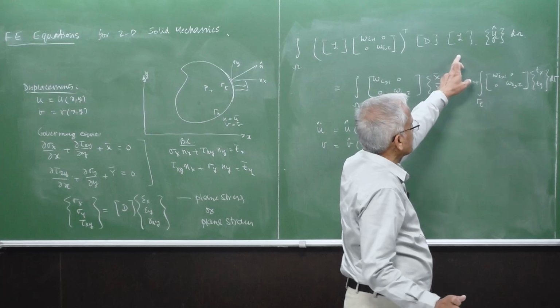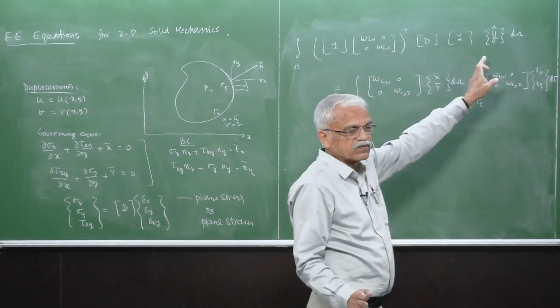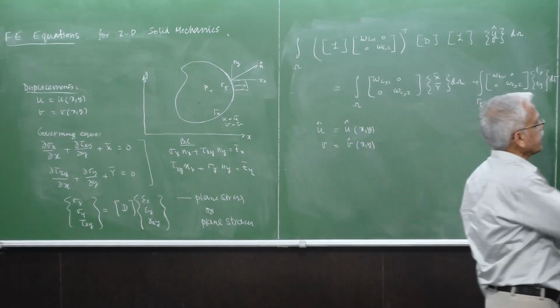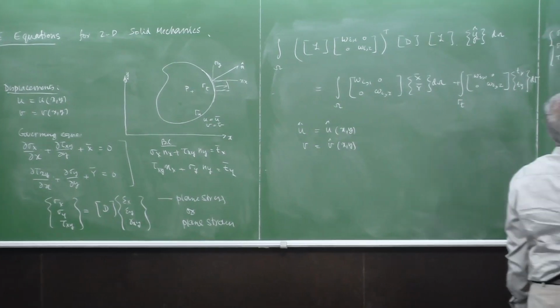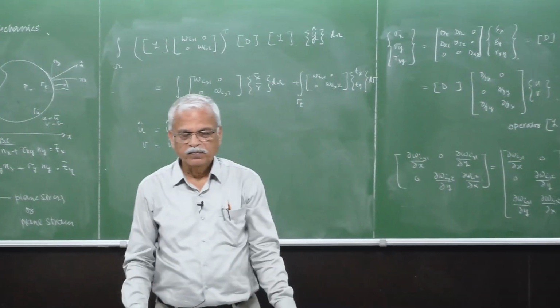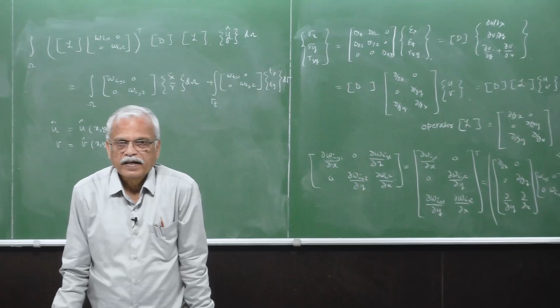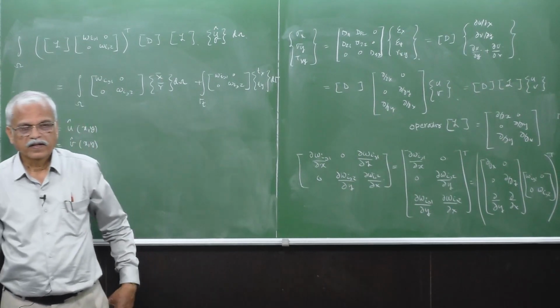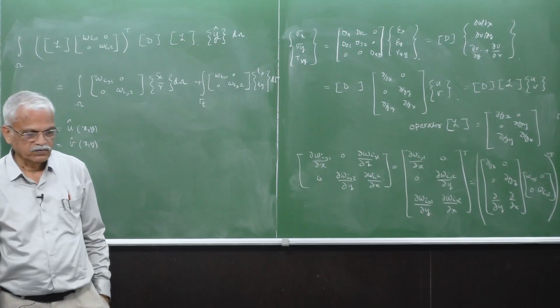What are these derivatives that are operating on u? If you look at this operator L, it is nothing but the first derivative. That means the approximations u hat and v hat have to have first derivatives within the element. A well-defined first derivative.